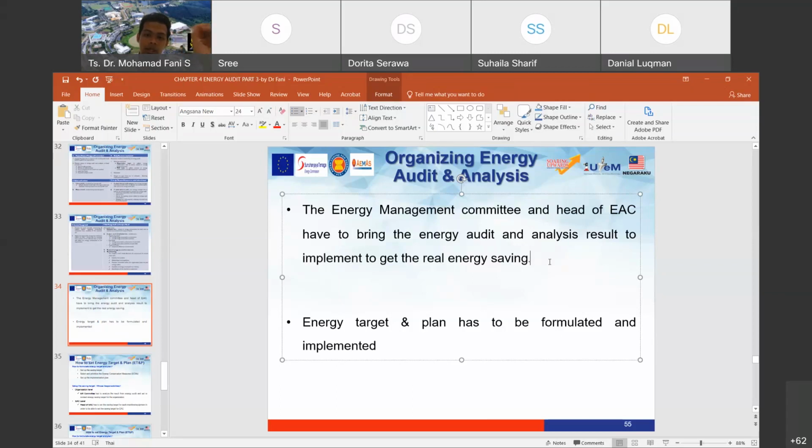So as the owner of the building, or if later on you work under the facility management, when you get the report of the energy audit, if you did it by your own, please appreciate it, and if a third party did the energy audit for you, please appreciate it and try to implement, especially the zero cost implementation, which is really important, because from the zero cost you can save a lot of money.